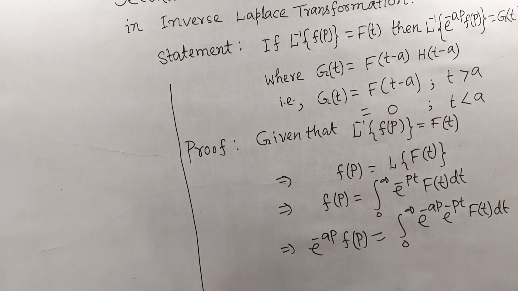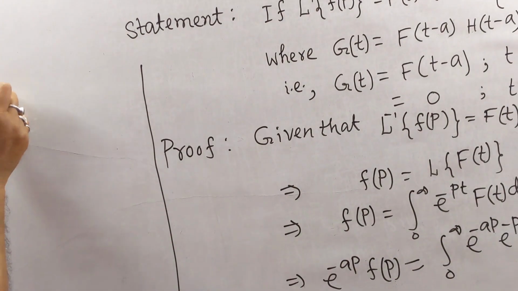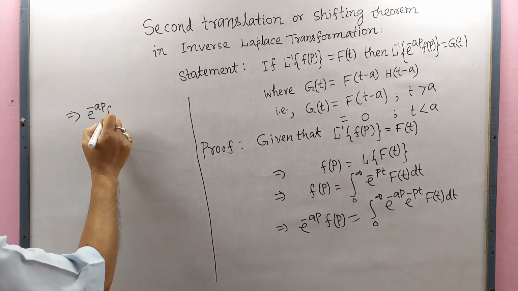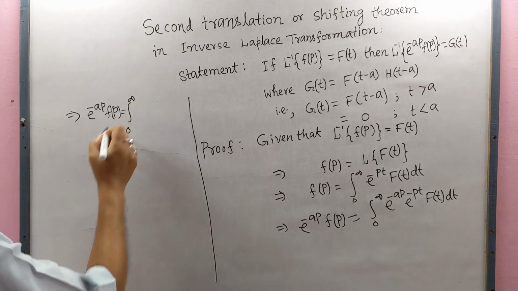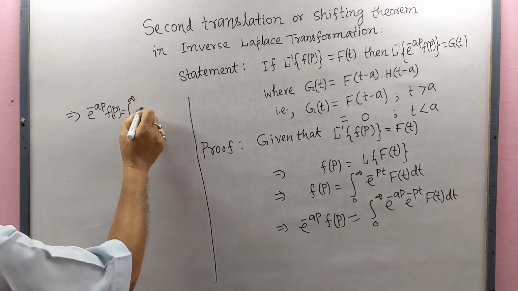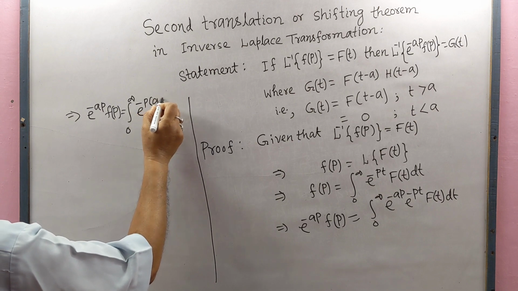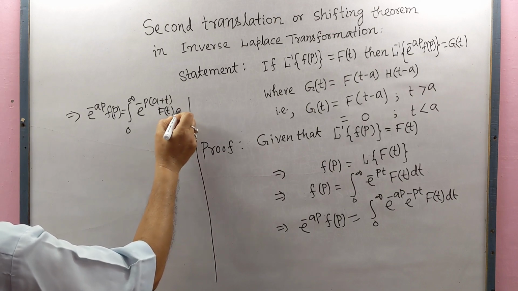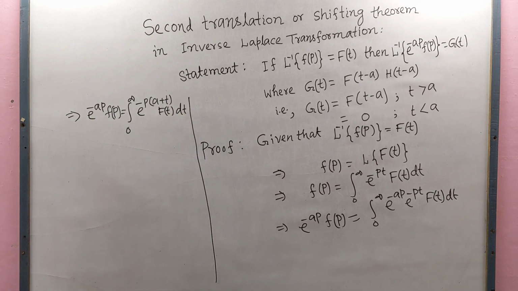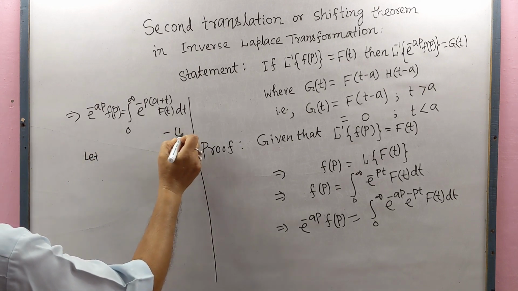implies that e to the power minus ap F(p) equal to integral 0 to infinity e to the power minus p(a plus t) f(t) dt. This is number 1.